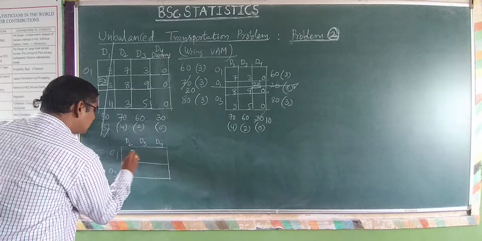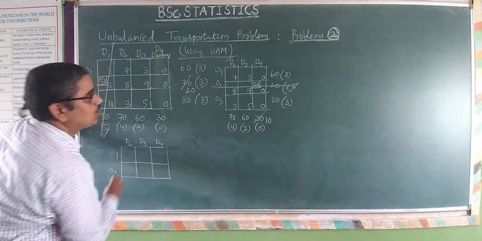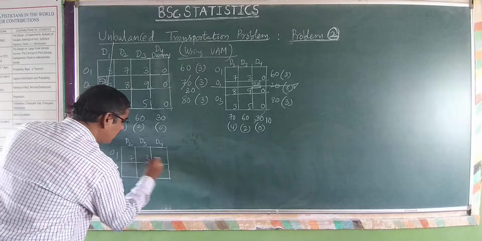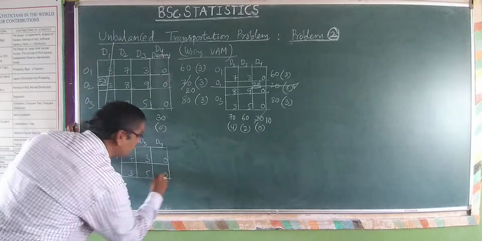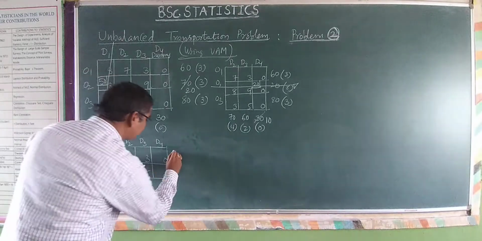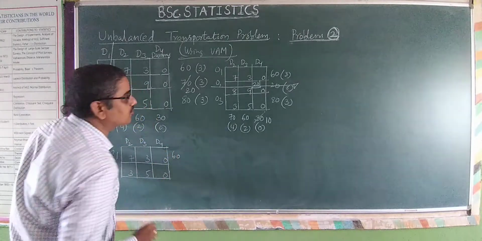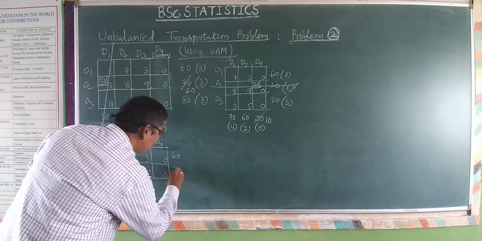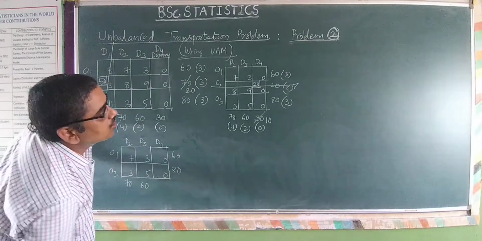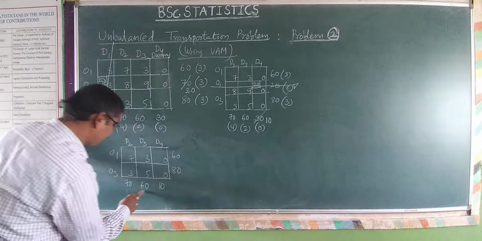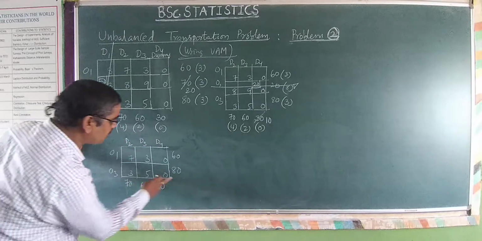Here the costs are 7, 3, 0, and the costs in the last row are 3, 5, 0, and the corresponding availabilities are 60 and 80, and the requirements are 70, 60, and one more requirement, 10. So 60 plus 10, 70, 140, okay, right.